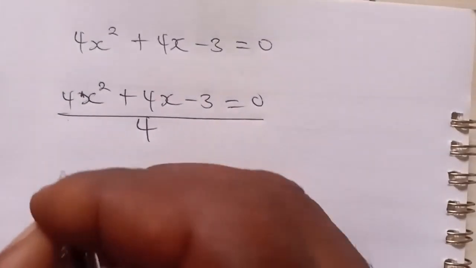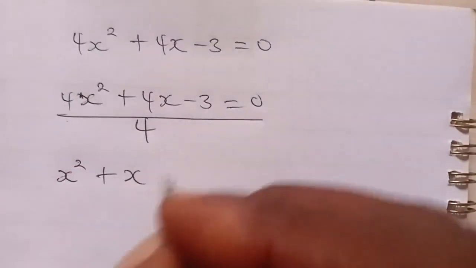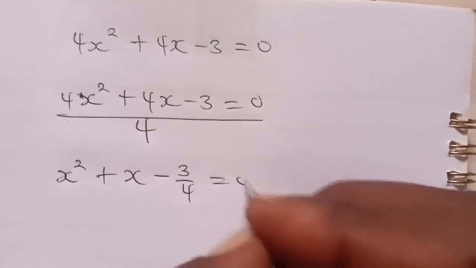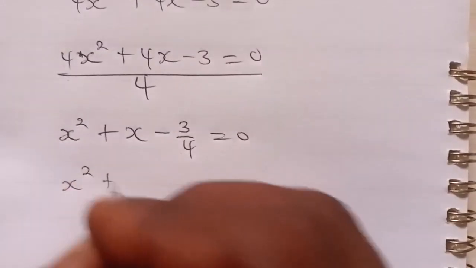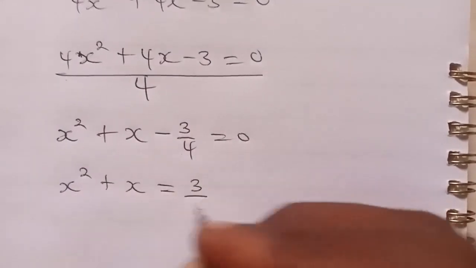Now what we'll have here is, 4 will cancel out, only x squared will remain. 4 and 4, only x will remain. Here will still remain 3 over 4 equals 0. So if this crosses over, we'll have x squared plus x equals 3 over 4.